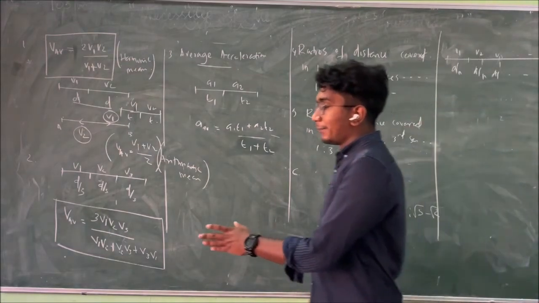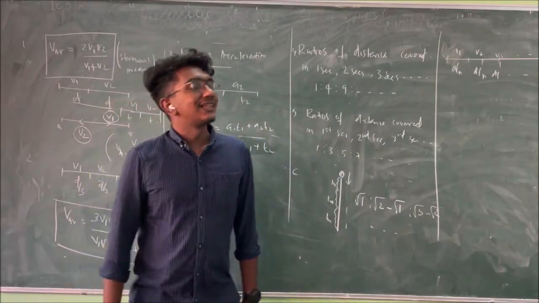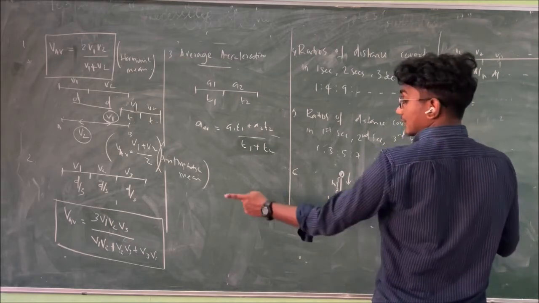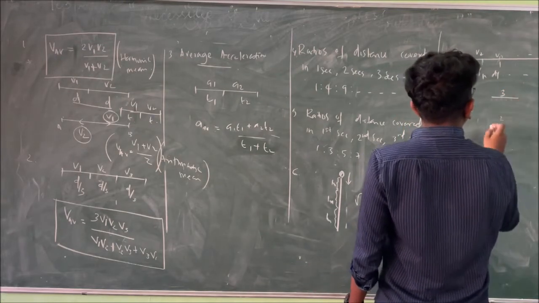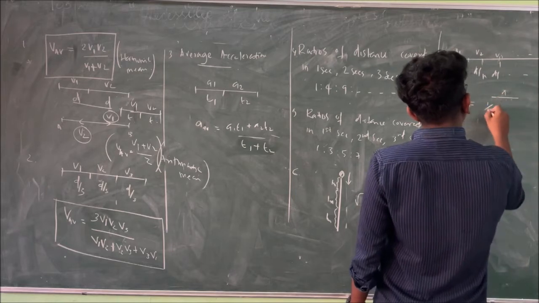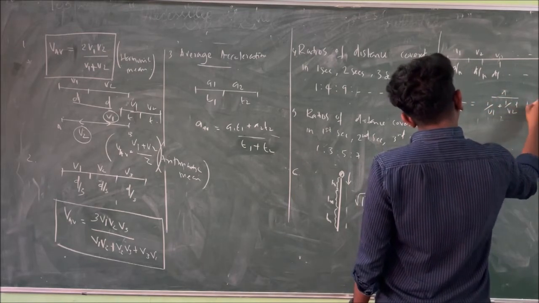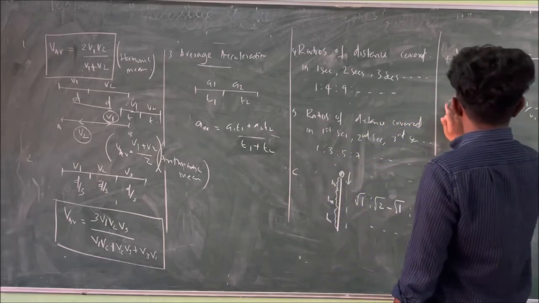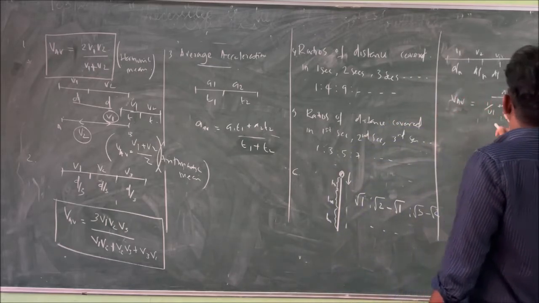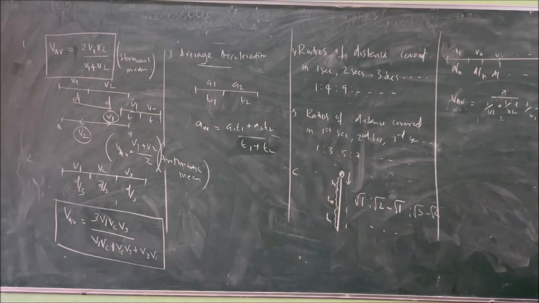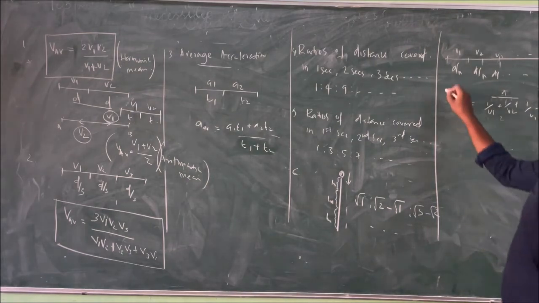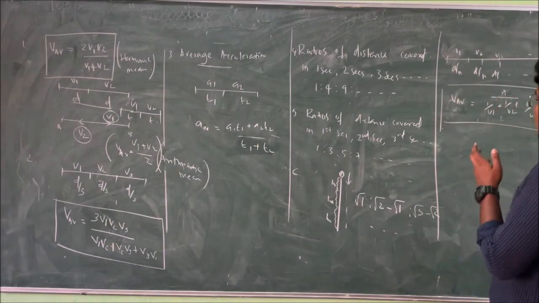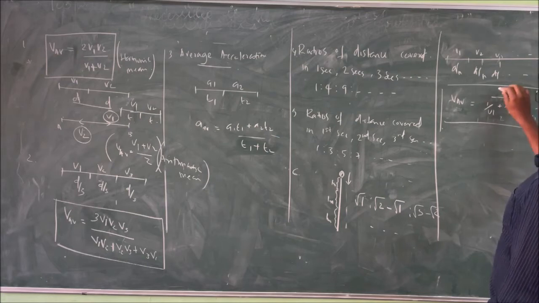Can you find any particular pattern from this? V average is equal to N divided by (1 by v1 plus 1 by v2 plus 1 by v3 plus, and so on). This is the correct relation, and you can understand it from total distance traveled divided by total time taken.